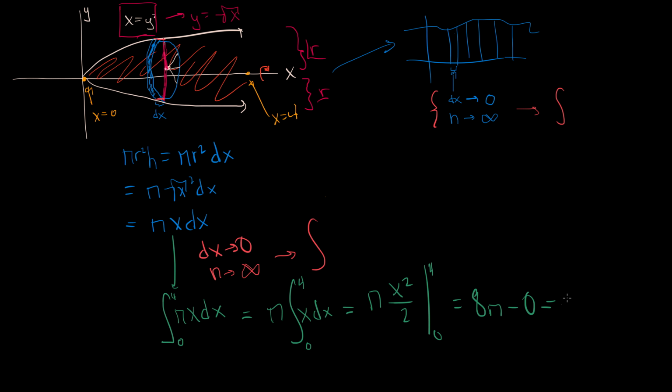That comes out to 8 pi. And with that, we have our final answer. The total volume of this sideways parabola, when it's rotated about the x-axis, is going to be 8 pi. And remember that this would be units cubed because this is volume. This is not area. It's volume, of course.